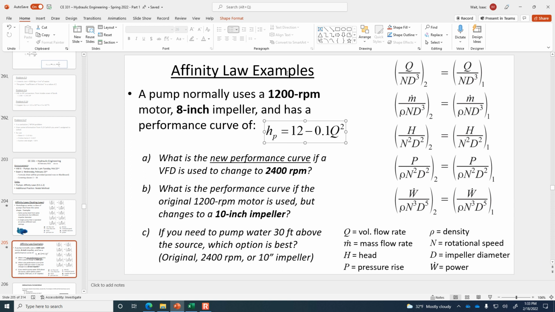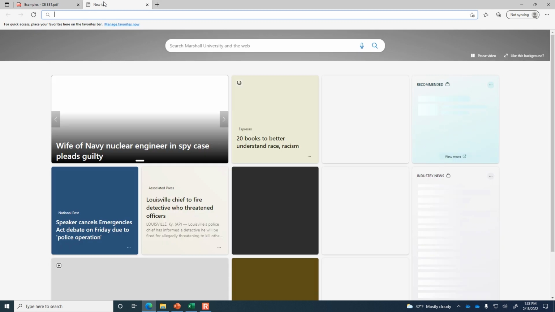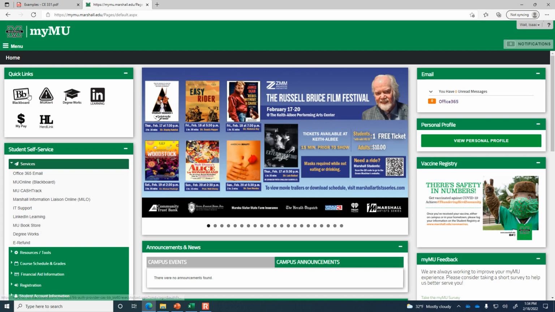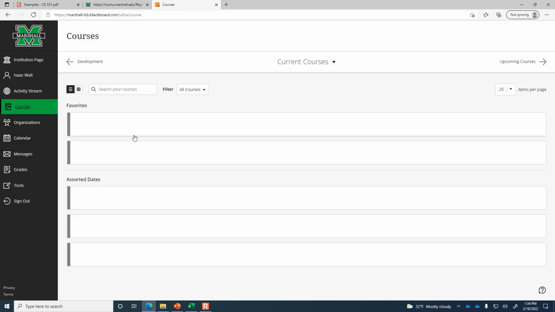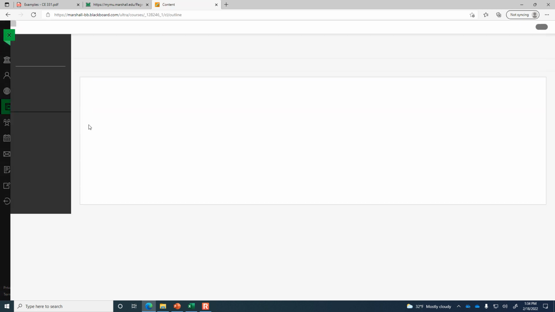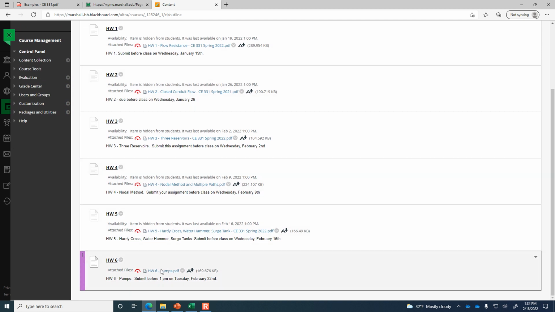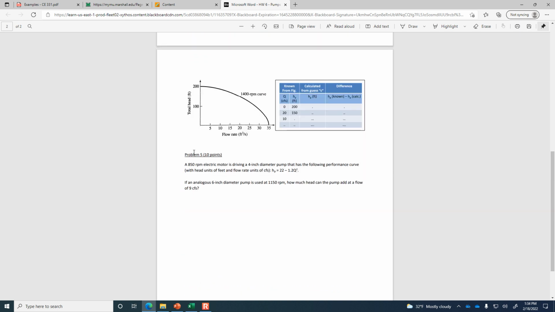Okay. So affinity laws. I think that you have a homework problem that's similar to that. Let's take a look just real quick and see if there's any hidden curveballs that I need to address before you can really jump in on that problem. It's problem 5.